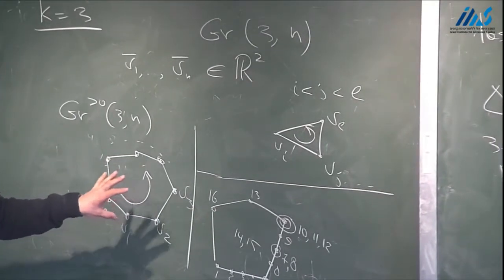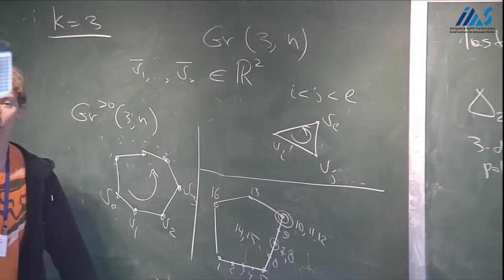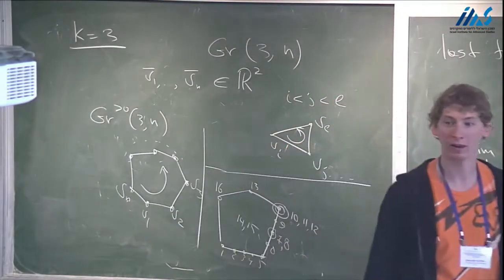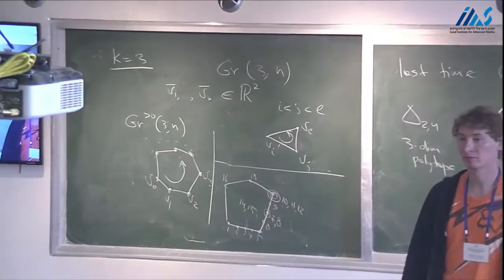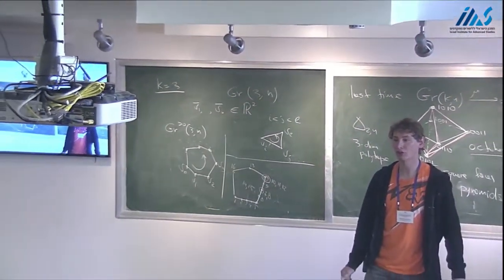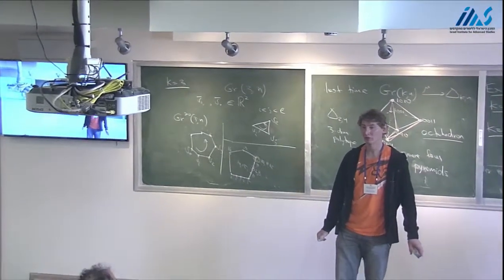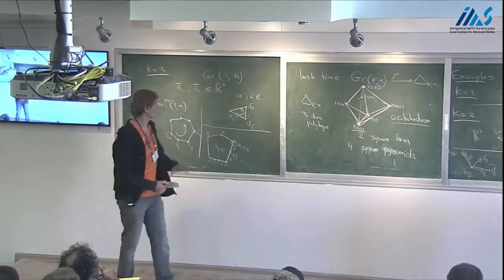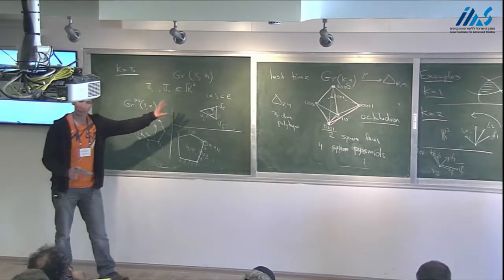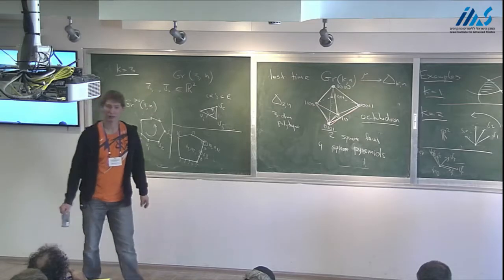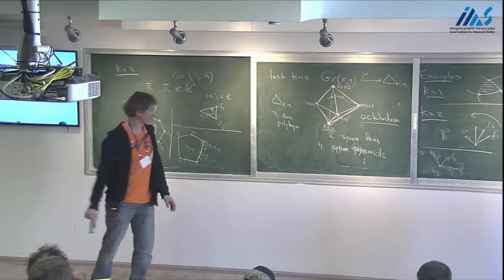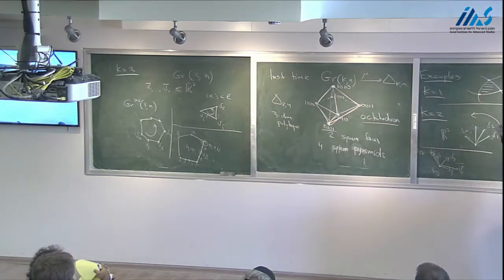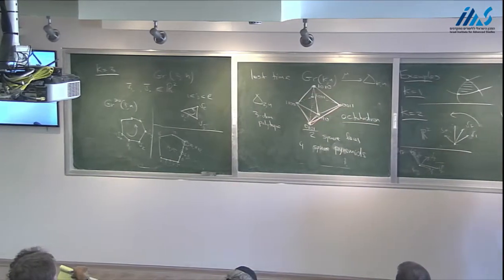But if you want to be more careful, you should talk about the projective plane, even up to projective transformation, in a sense. So this is really not R2, but really what I'm describing here is actually part of the positive Grassmannian. So really, it should be PR2.